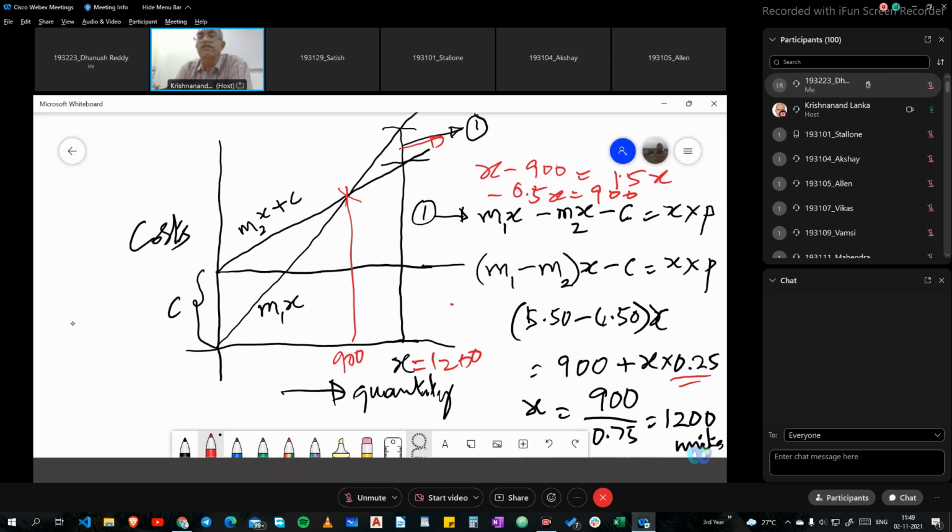So, he can't think of having a profit of 1.5. Suppose you say he wants a profit of one rupee for every unit on the average, then what is the answer?